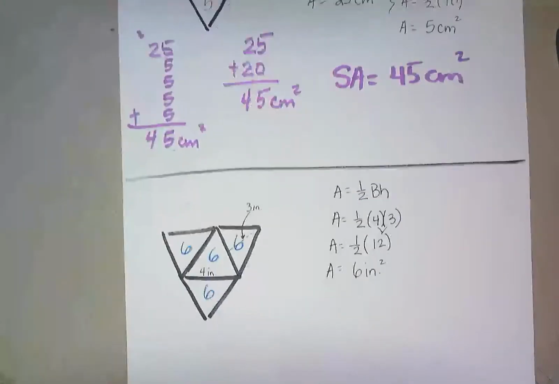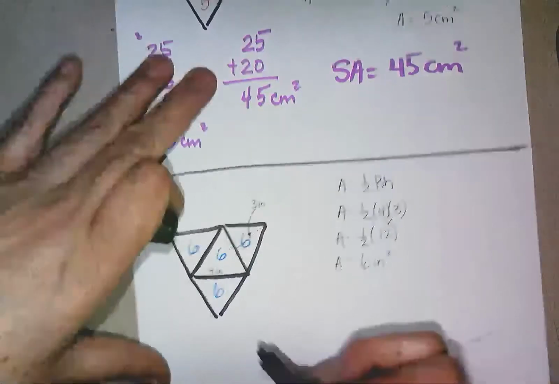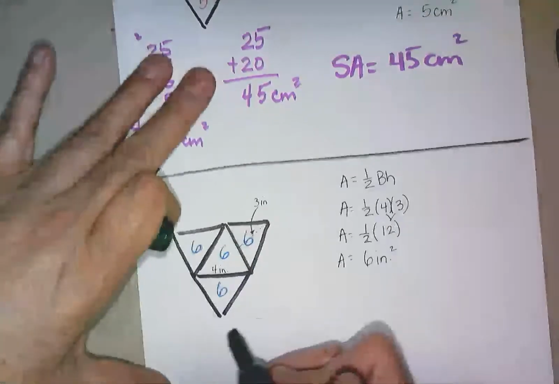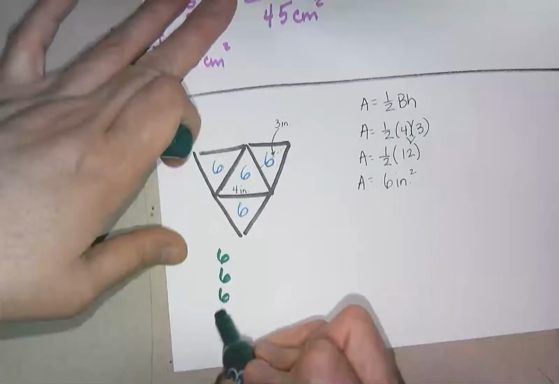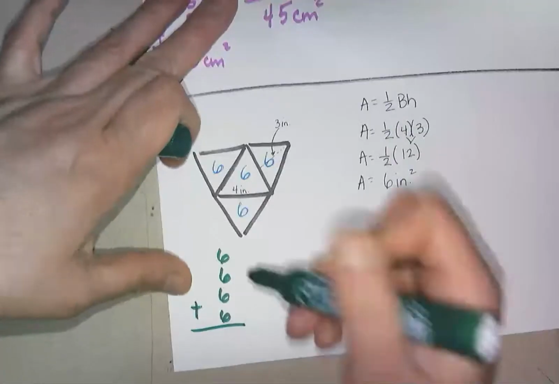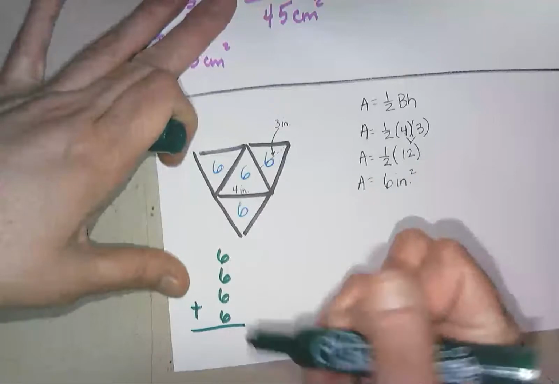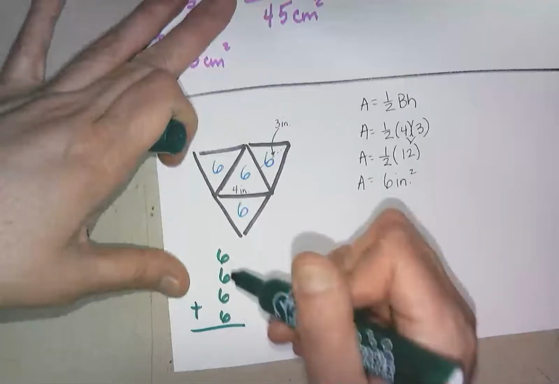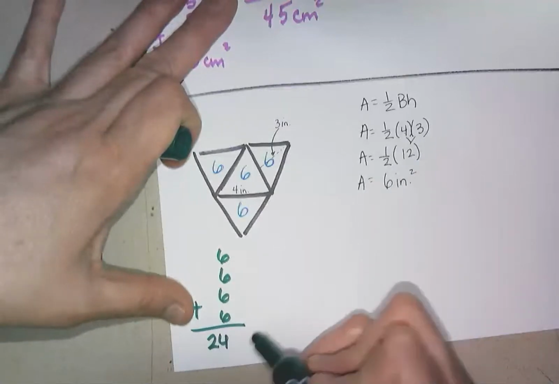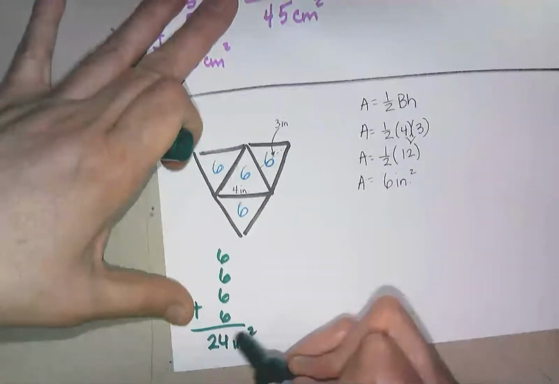All I have to do is add them all up. I can go 6. Did it the long way. 6 and 6 is 12. 6 and 6 is 12. 12 and 12 is 24 inches squared.